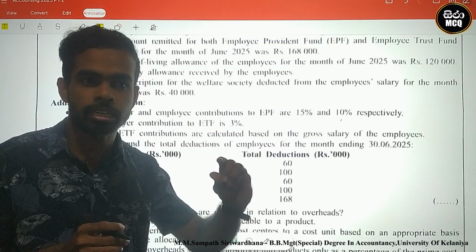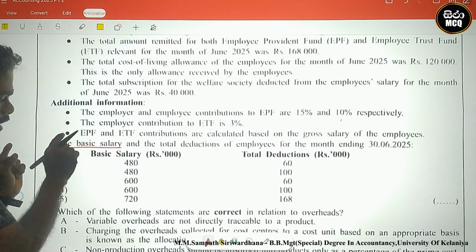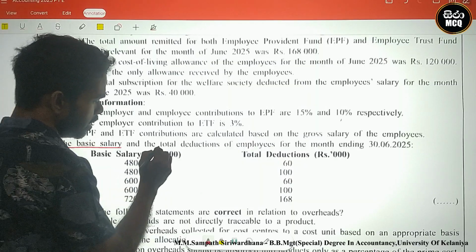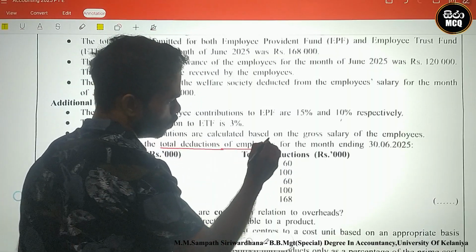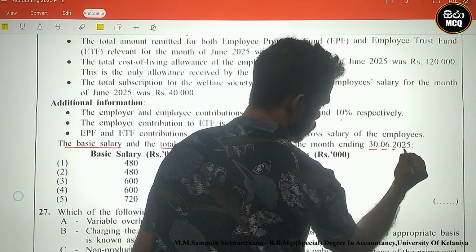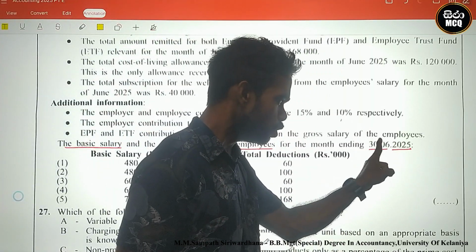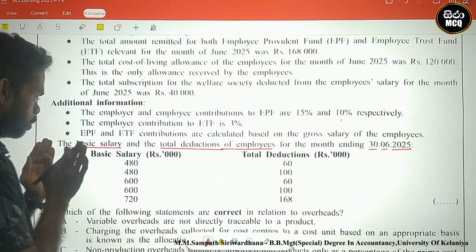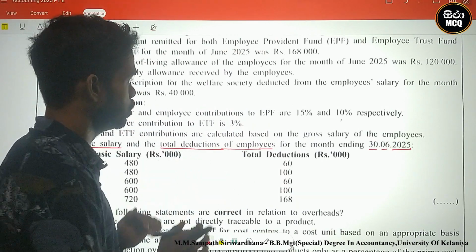They want the basic salary and the total deductions of the employee for the month ending 30/6/2025, meaning 30th June 2025. You must identify the basic salary and total deductions of the employee.